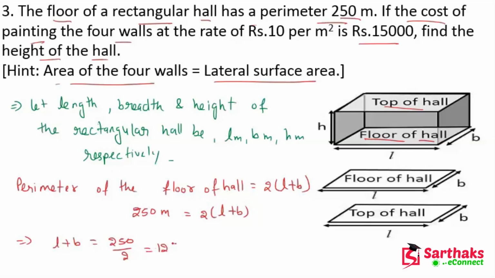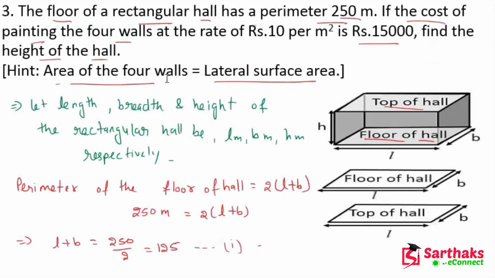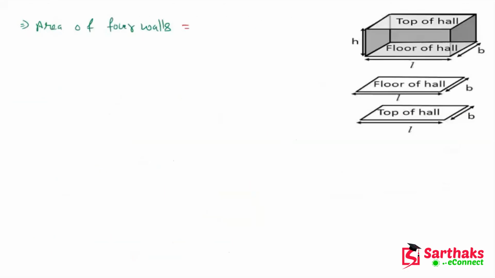This will be 125. Let's suppose this is equation number 1. So now my dear friends, the area of 4 walls is equal to, as given in the hint, the lateral surface area.